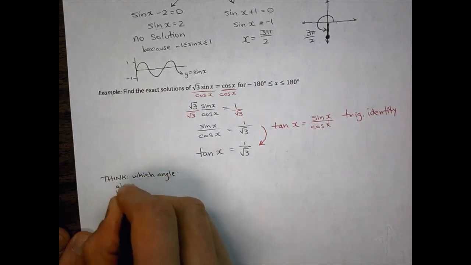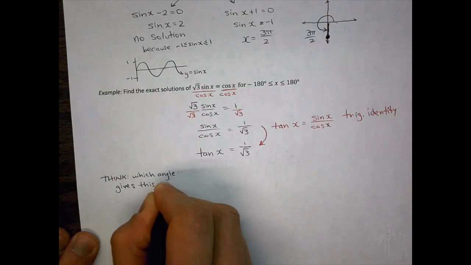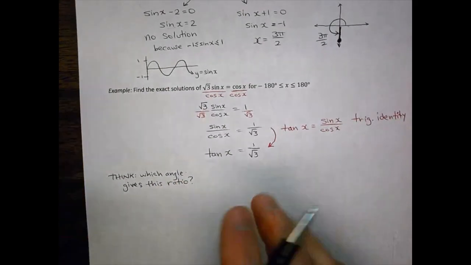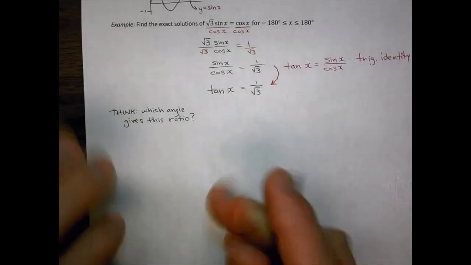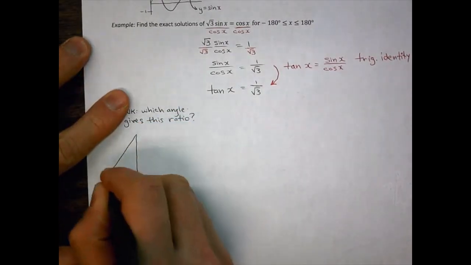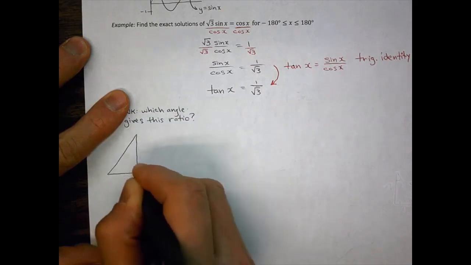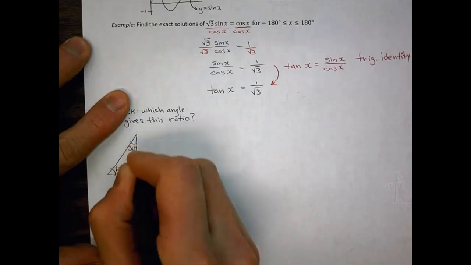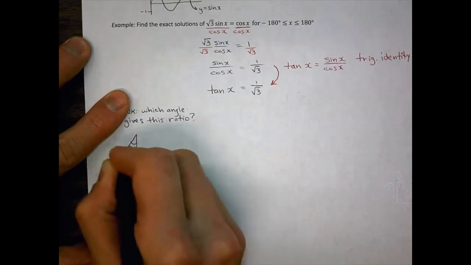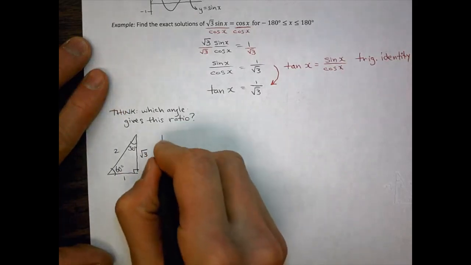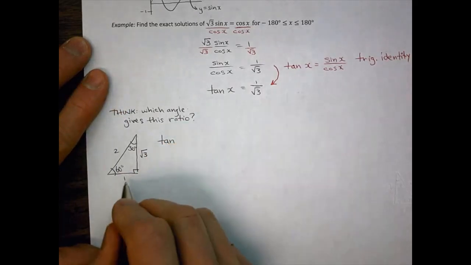gives this ratio? Well, 1 over root 3, that sounds a lot like the 1, 2, root 3 triangle. Let me do a quick sketch of it over here. Now we're using degrees this time, so this is 60, this is 30, this is 1, 2, root 3, make sure you draw it correctly. So tan of what gives me 1 over root 3?